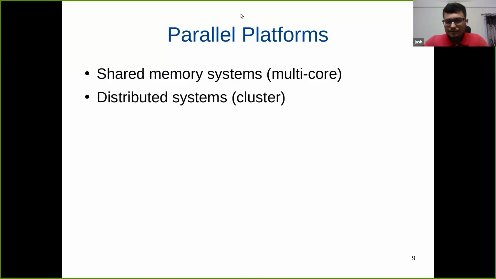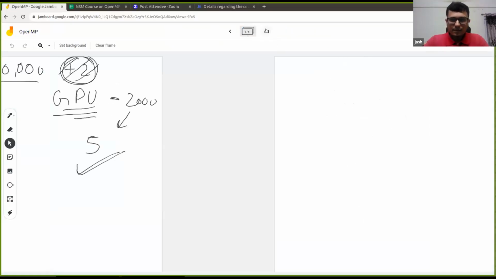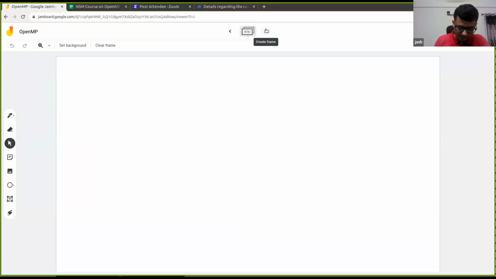Let me quickly draw this. In a shared memory system, we have multiple CPU cores, some tens of cores.